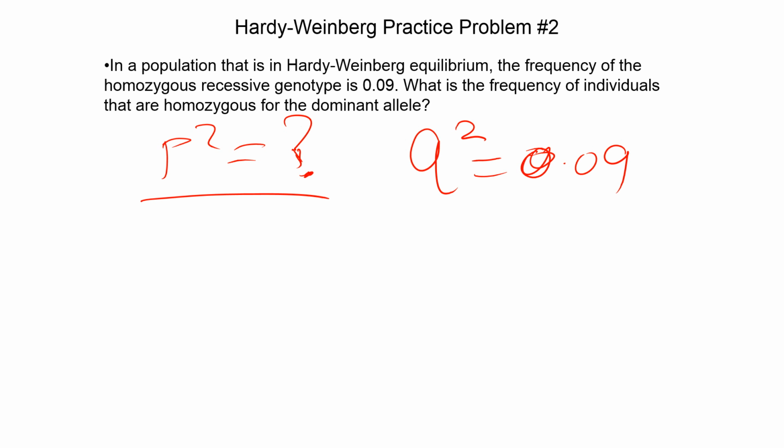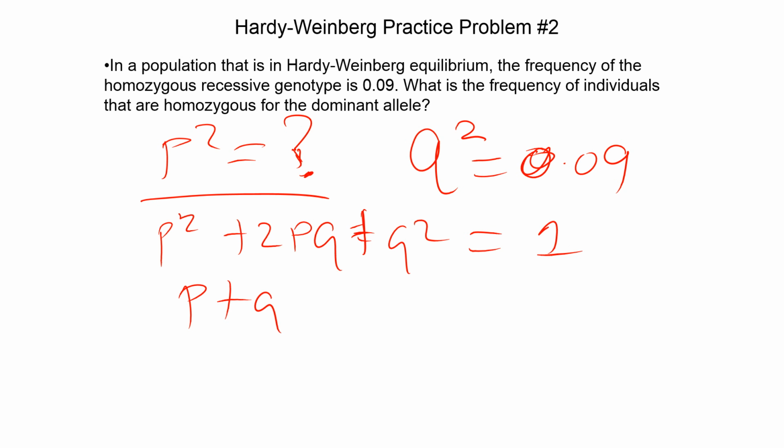Well, how do we go from being given q squared to finding p squared? This is where the equations come in. p squared plus 2pq plus q squared equals 1, and p plus q equals 1.